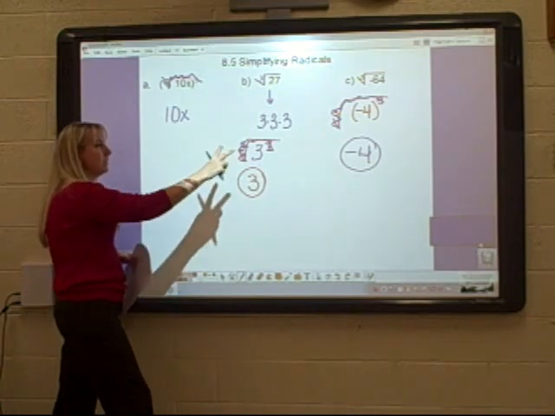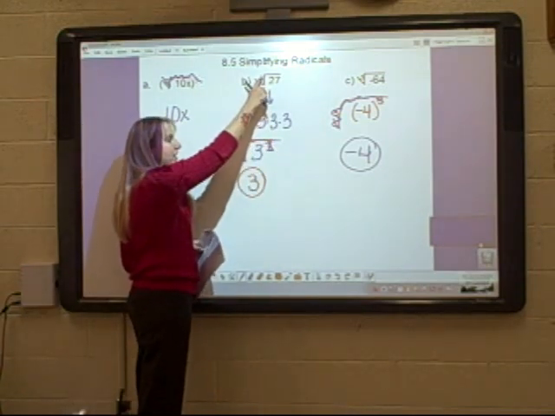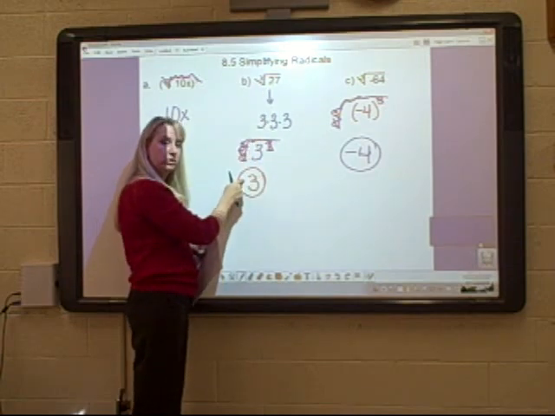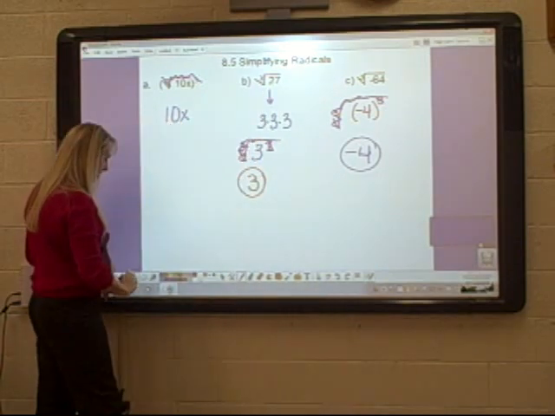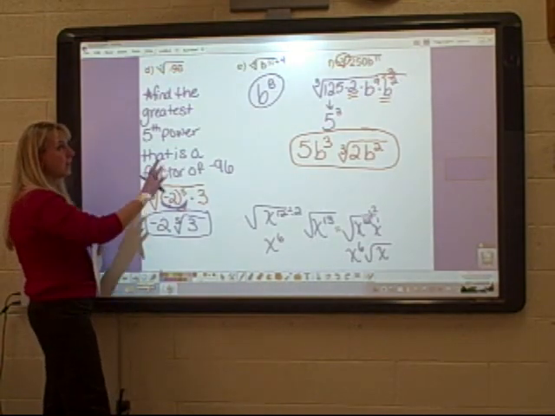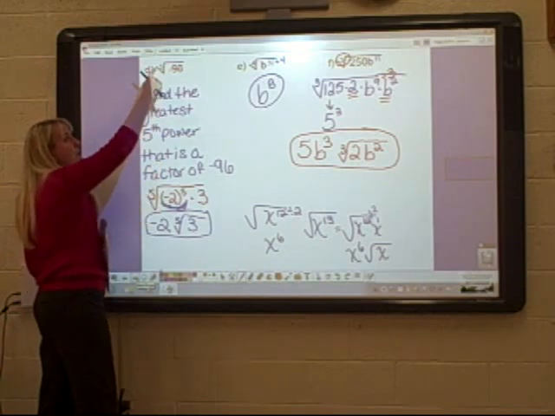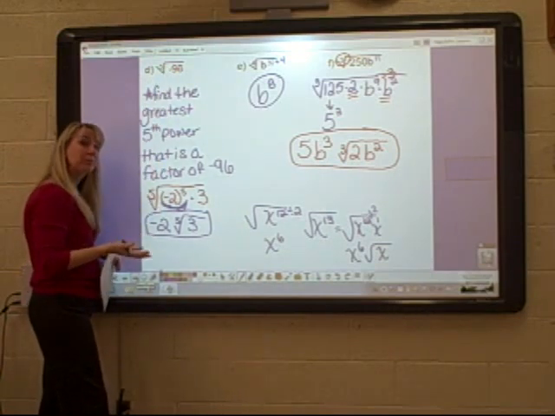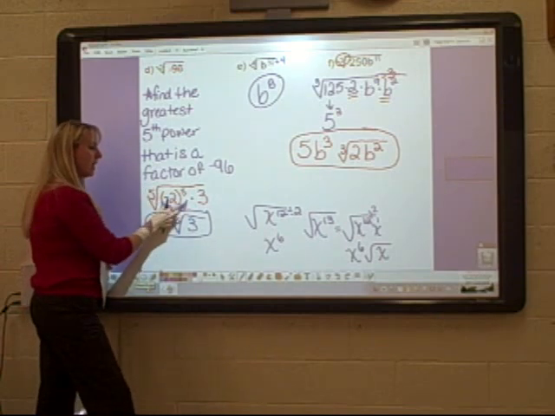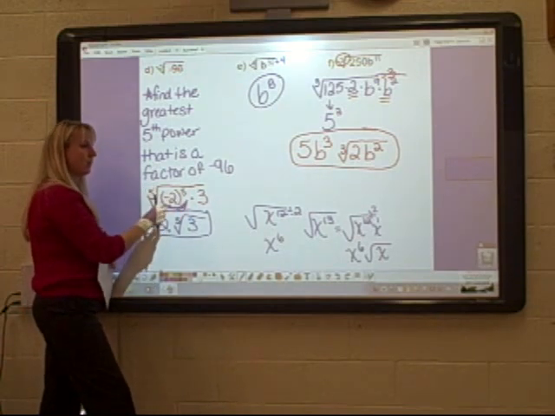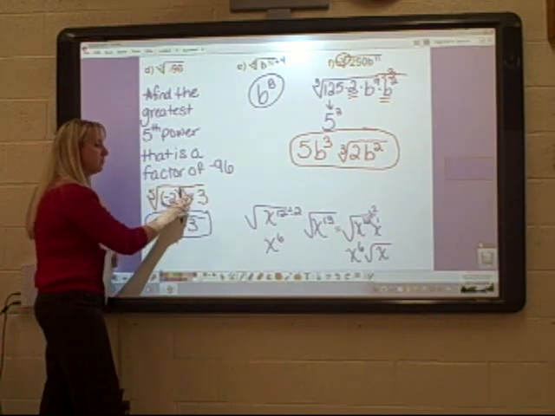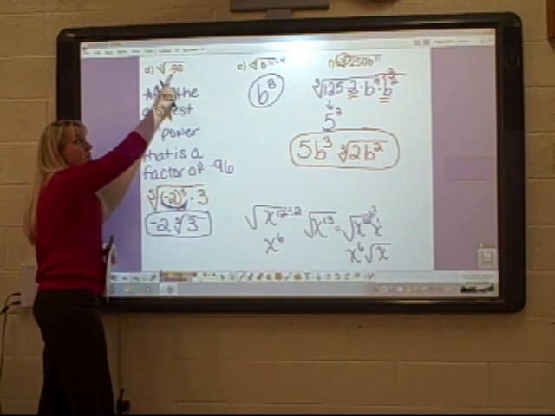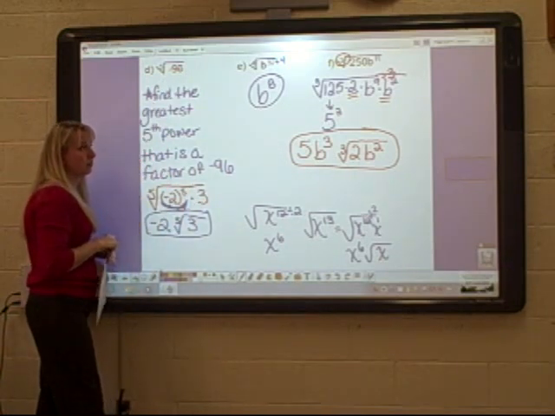Is there something that can be written to that index? If there is, 3 to the 3rd power, it comes out. When we have any type of other simplifications, you're always looking at this index. Is there something that can be written to the 5th power? No, there isn't. But you have to start working with, okay, 2 to the 5th, 3 to the 5th, and then multiply any other number that helps you get up to that number that was originally underneath the radical sign.